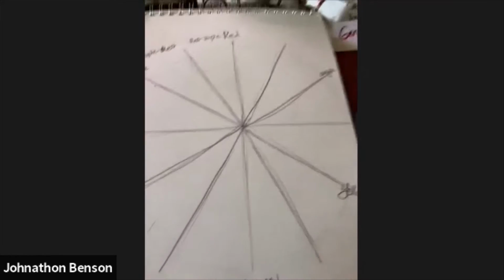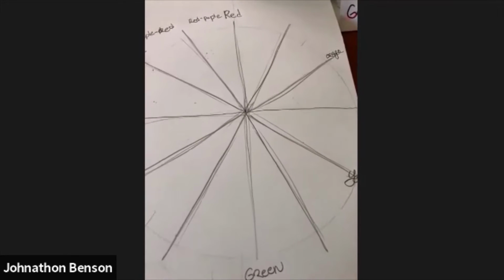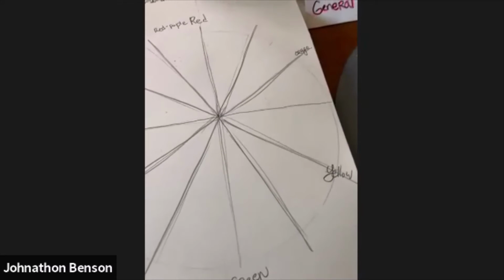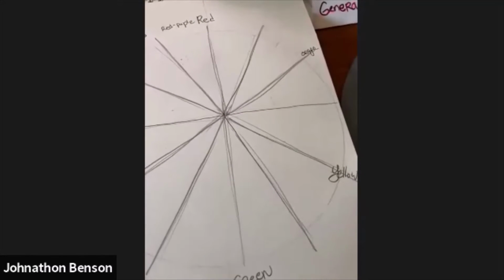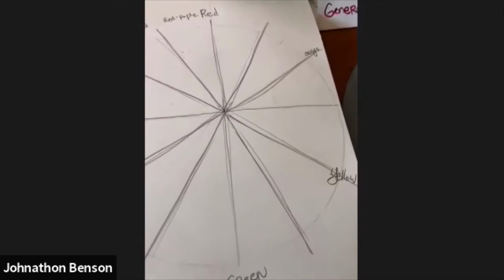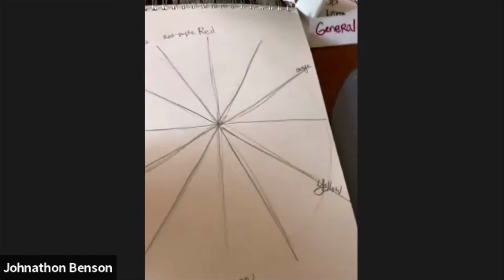So, for example, there's a very big difference between red orange and orange red. And if you were to mix it up and actually do those different quantities, you would notice right off the bat that yes, there is a very distinct difference.